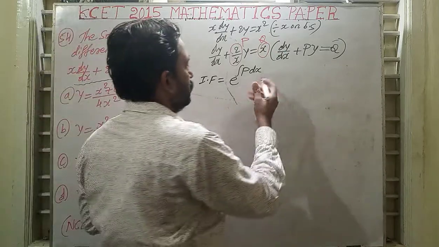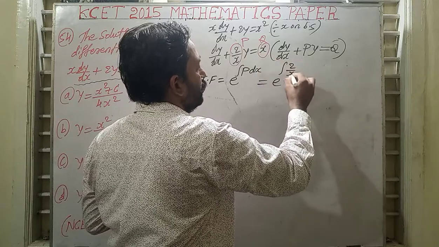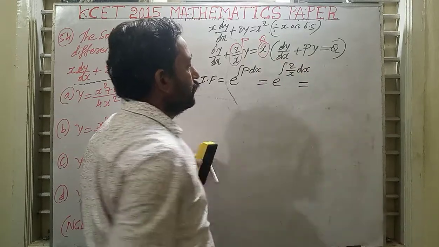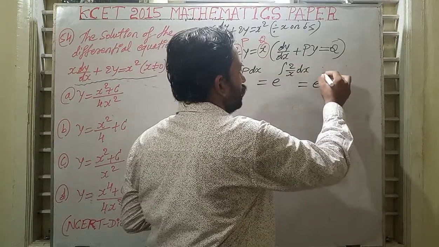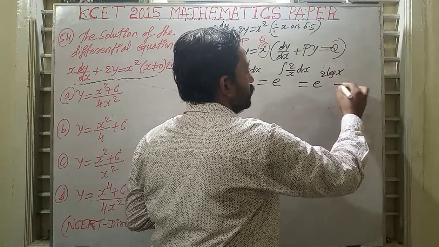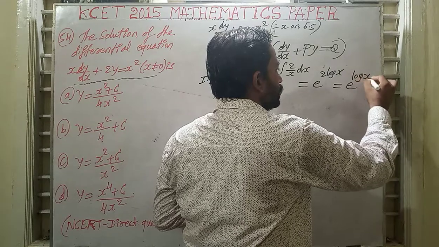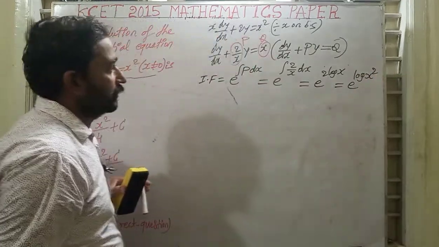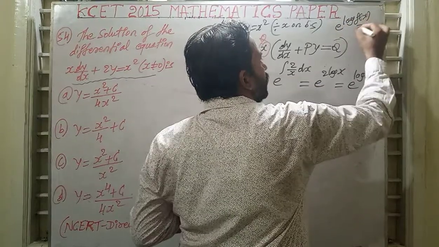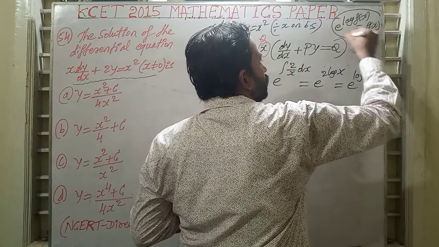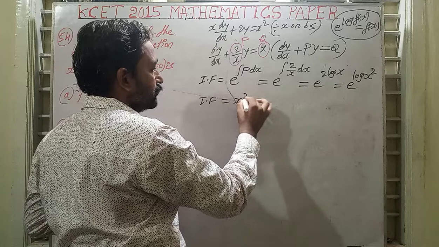So we can write e to the power of the integral of 2 by x with respect to x. 2 by x integrates to 2 log x. Using the logarithm formula, it can be written as e to the power of log x square. Using another formula, e to the power of log f of x can be written as f of x. So the integrating factor is x square.